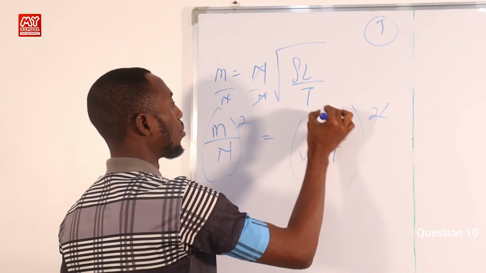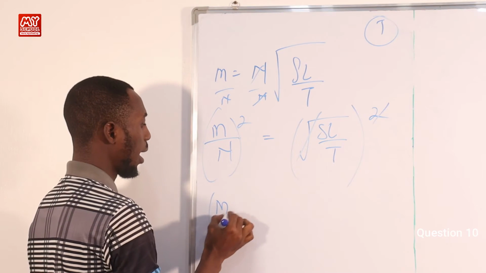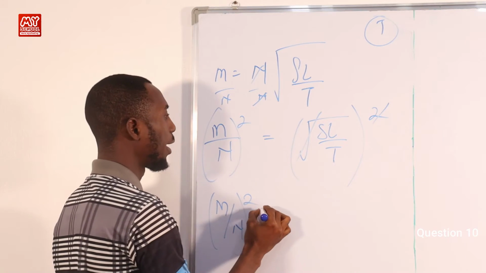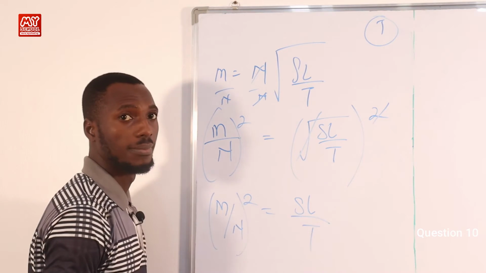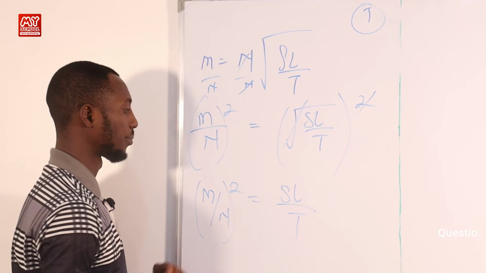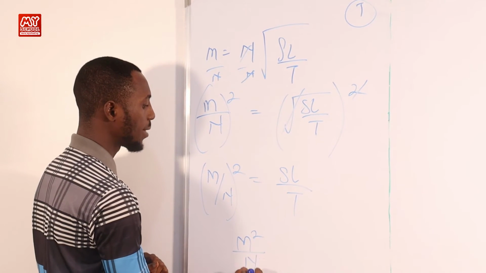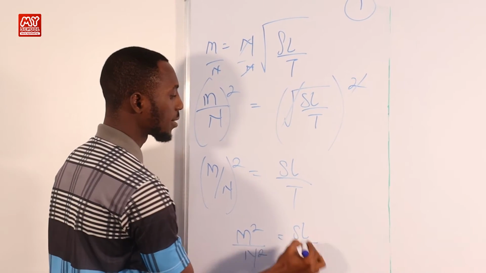So we'd have (m over n) squared equals SL over t, isn't it? This means m squared over n squared equals SL over t.